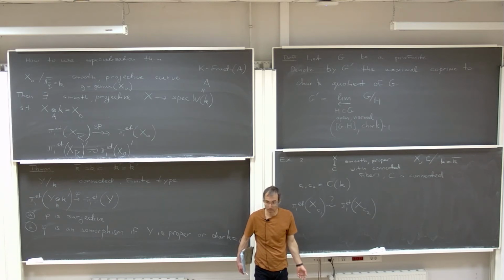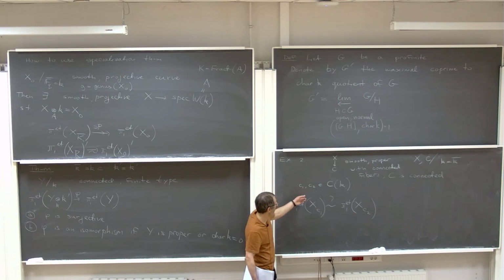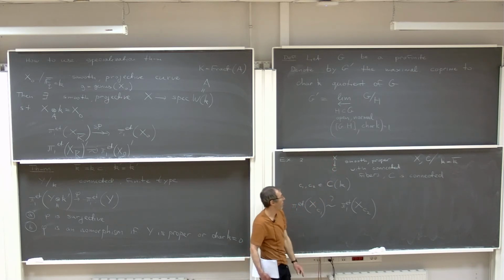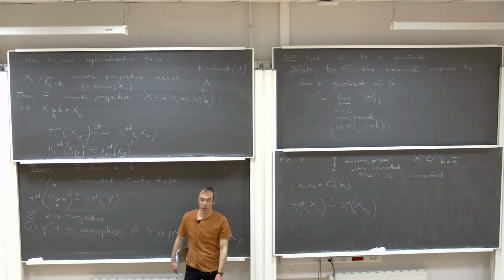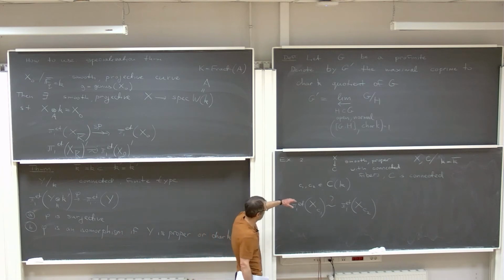Then the p-primary part of the étale fundamental group is trivial. And you can take C2 such that the fiber is a non-supersingular elliptic curve, and then you have p-torsion points, and the fundamental group is larger.